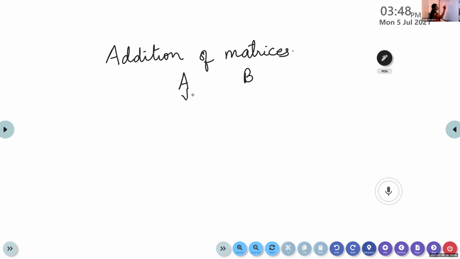If A is an m by n matrix, we can add it with another m by n matrix. If the order is different, we will not be able to add. If A and B are of the same order, we can define A plus B.